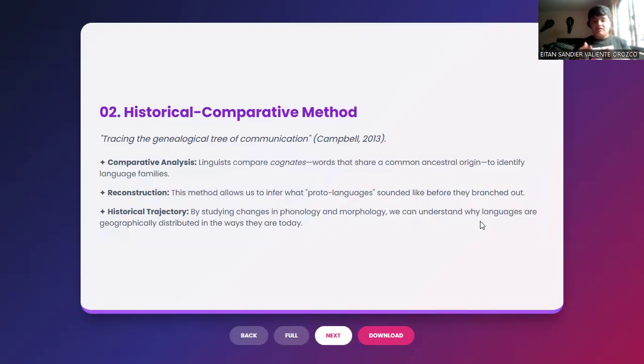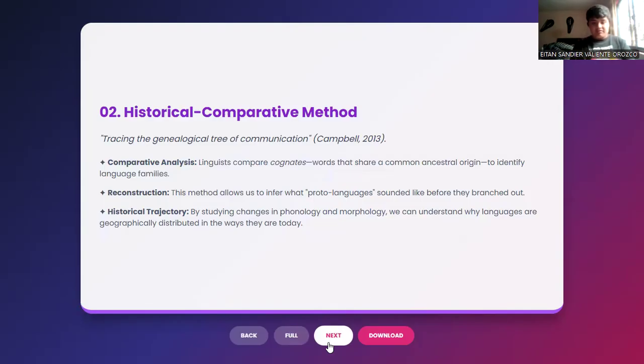Reconstruction is the method that allows us to see languages as they were before they changed, like the Spanish from Spain and the Latin American Spanish. And the historical trajectory is the study of changes in phonology and morphology, in language and geography. The geography makes a good way here because we are looking at whether there is something that is going to stay until today.